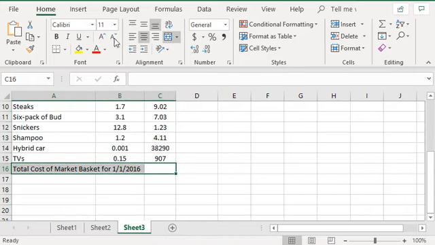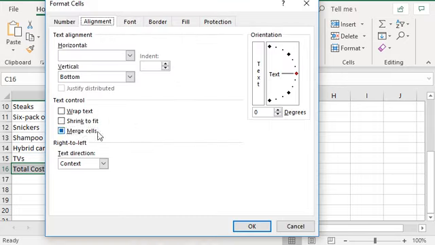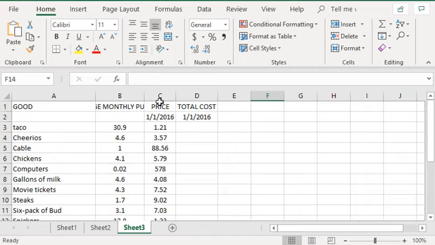Let's go ahead and merge all these together.